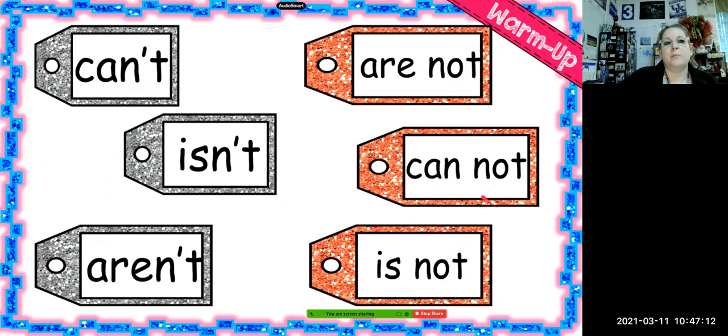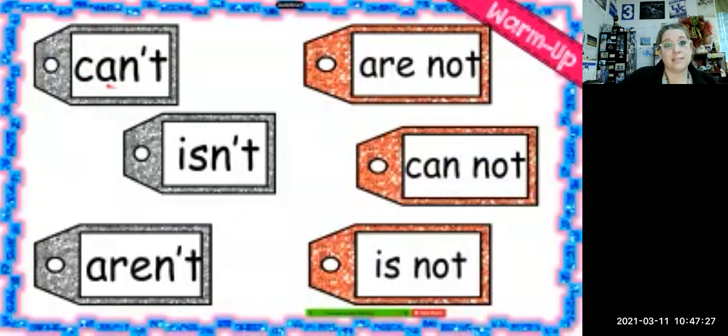Okay, now if you pay close attention to your contractions, guys, the first part of the contraction is the first word. So, what is the first word of this contraction? The word can. So, the two words that make up the contraction have to start with the word can.